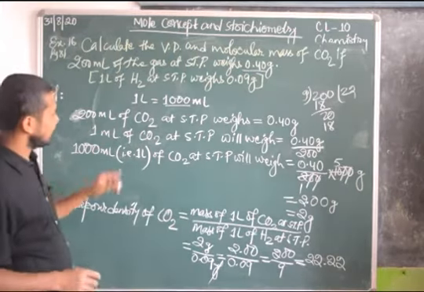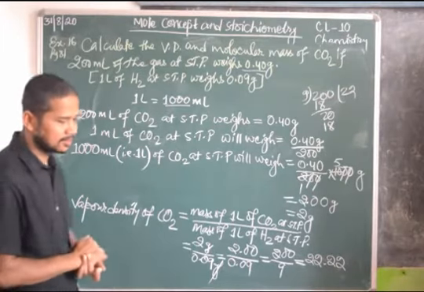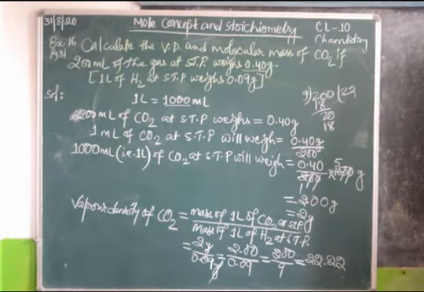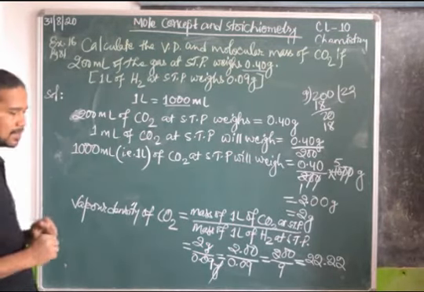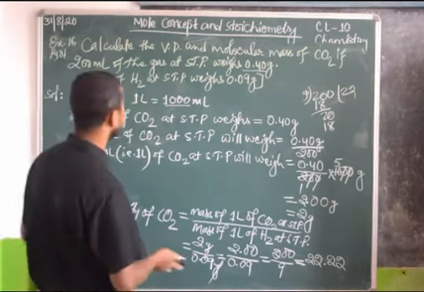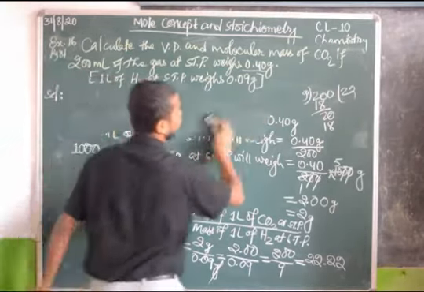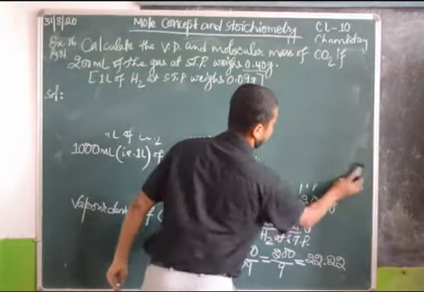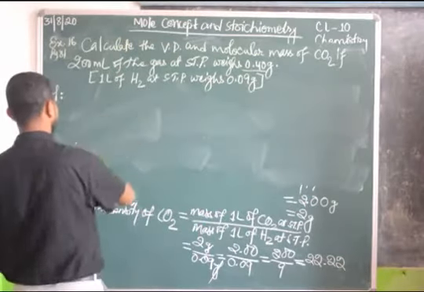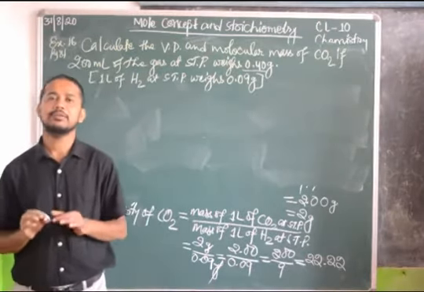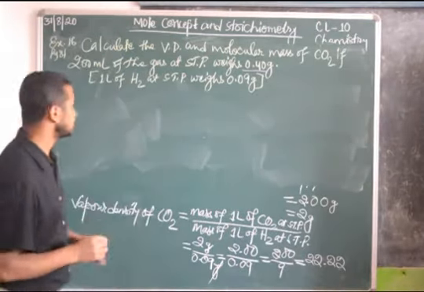Now, next thing, what do you have to find? Molecular mass. How do you find the molecular mass of carbon dioxide? If you know the vapor density, then can you find the molecular mass? Yes. Molecular mass is equal to 2 into vapor density.